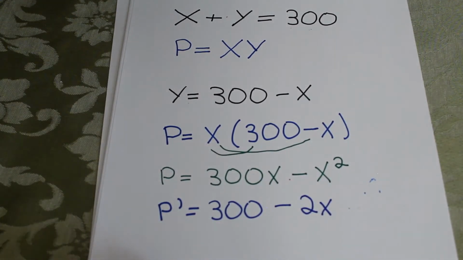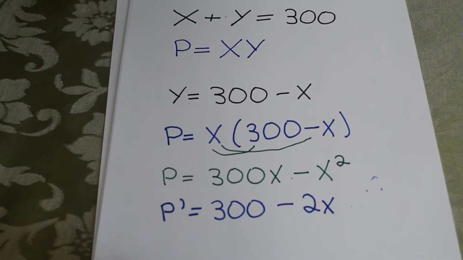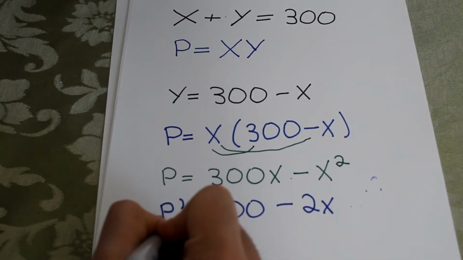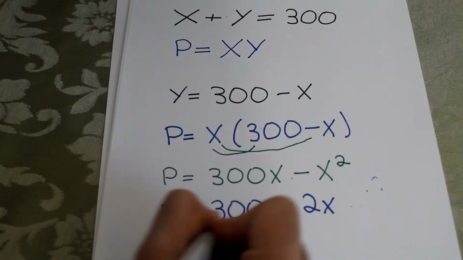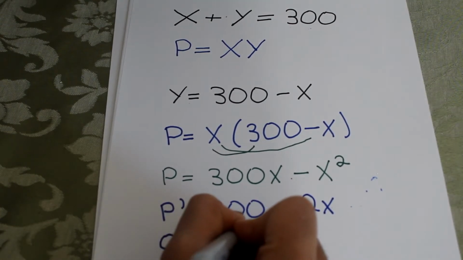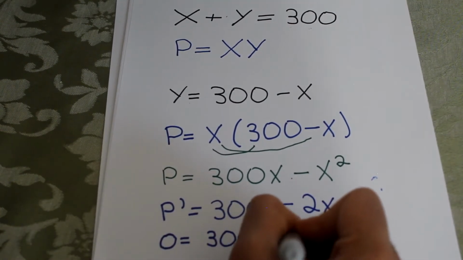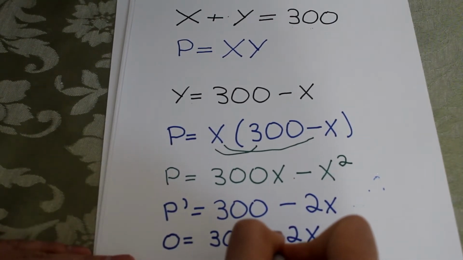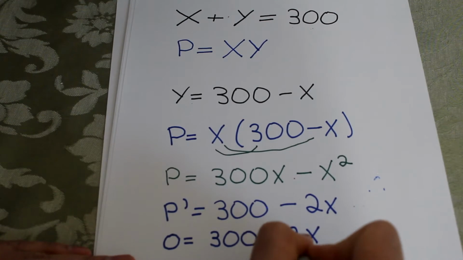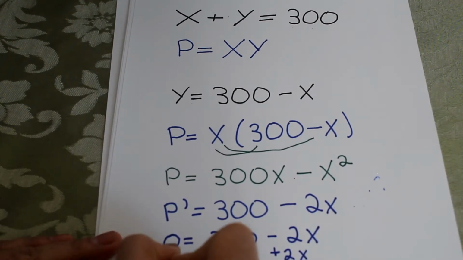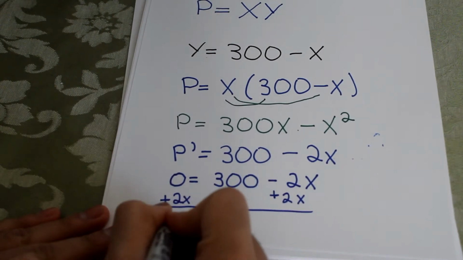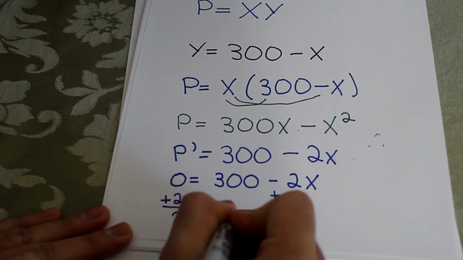And to find the critical points, which is necessary to find the maximum and minimum, we're going to set p prime equal to 0. So 0 equals 300 minus 2x. Isolate the x, so add 2x to both sides. 2x equals 300.